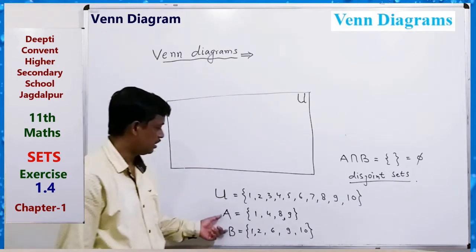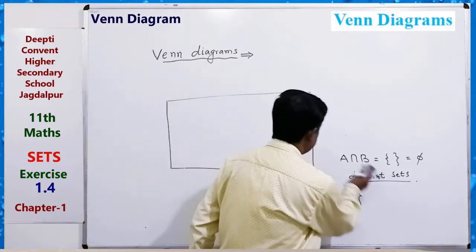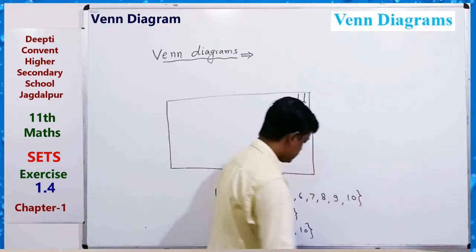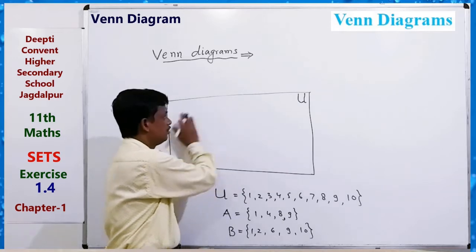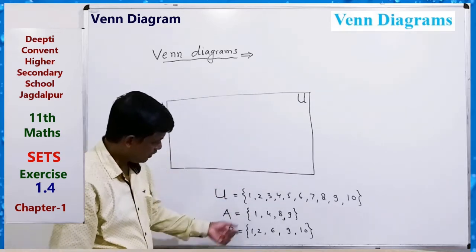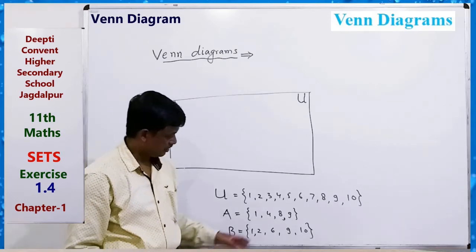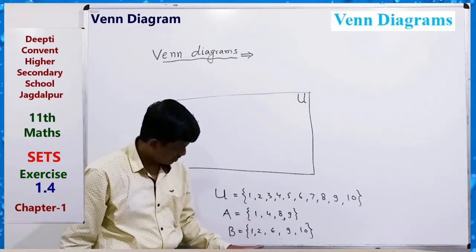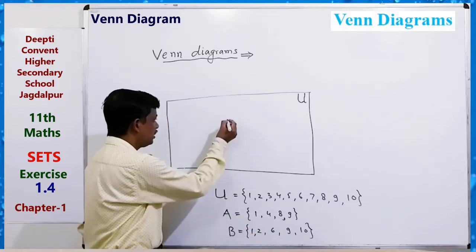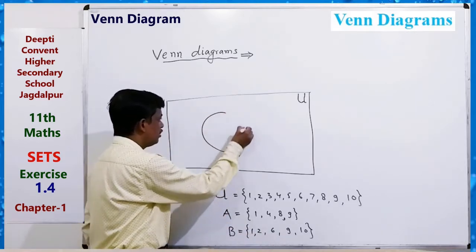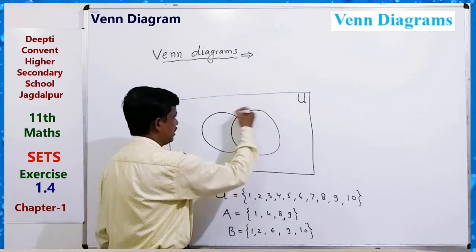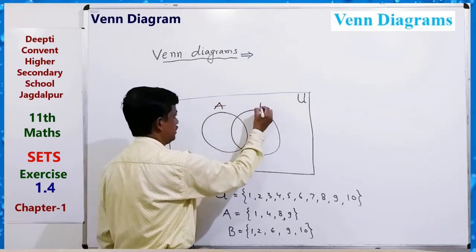Then we can get the representation as follows: all the elements of U are here. A and B have common points 1 and 9. So we can draw one circle like this and another circle like this. This is A, this is B.